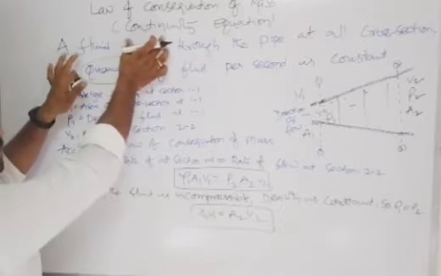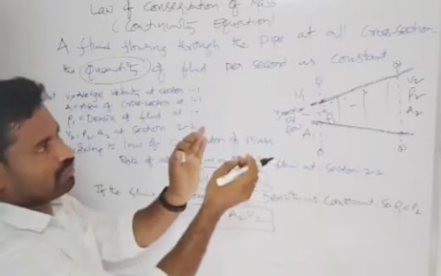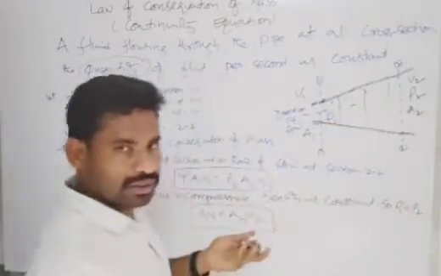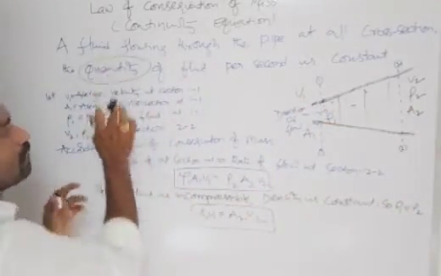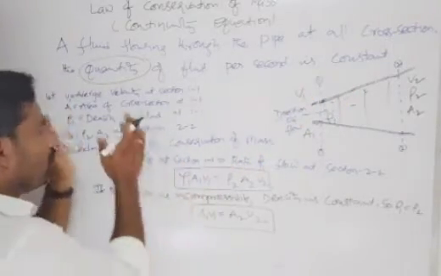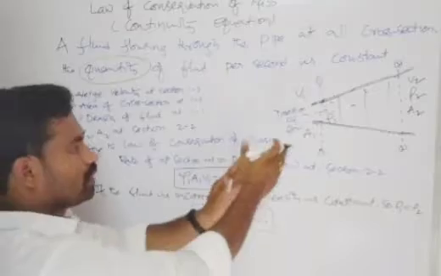According to the continuity equation, simply put, input is equal to output. The quantity of fluid is constant. How much you give as input is equal to the output.